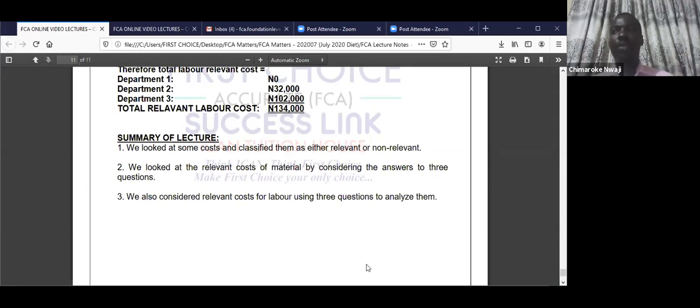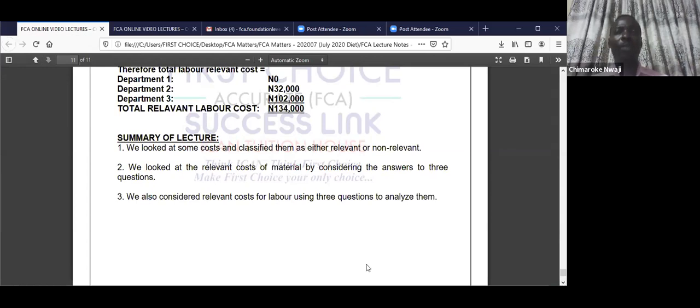We look at labor, and we said the 3 questions to ask. The first one is about permanence of labor. Is the labor in permanent employment? If you answer yes, you move to the next question. If you answer no, it means you have to employ them specially for the project. Hourly rate is important. Now we go to the next question. It has to do with capacity.